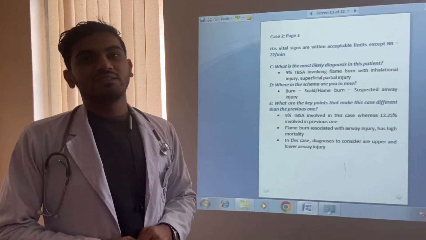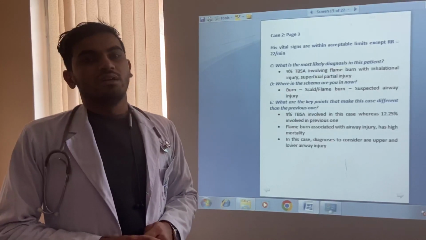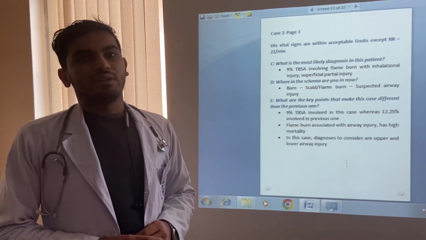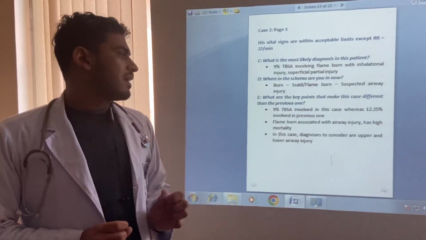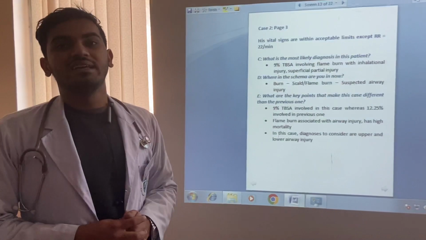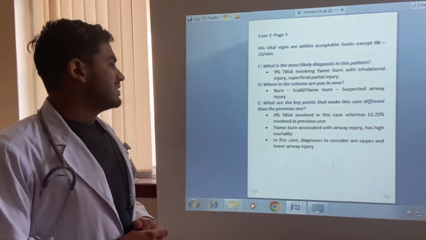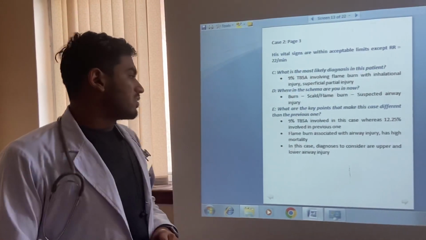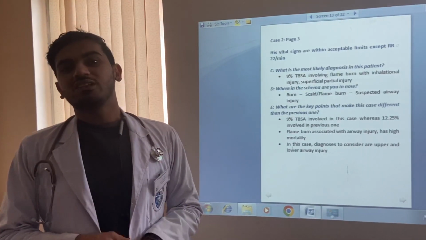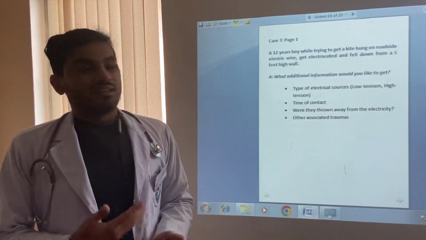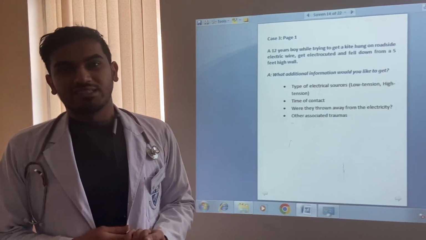I have already talked about that the hospital admitting criteria also includes inhalational injury, because it has a higher mortality rate. In this case, the diagnoses to consider are upper and lower airway injury, because there is suspicion of inhalational injury in this case.